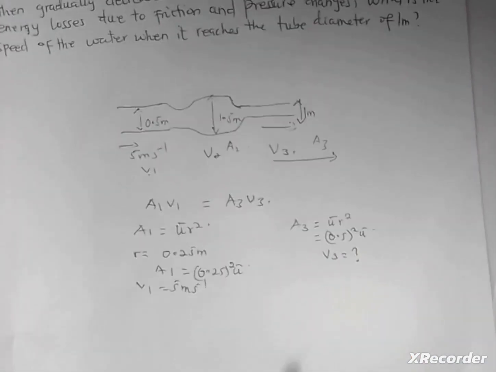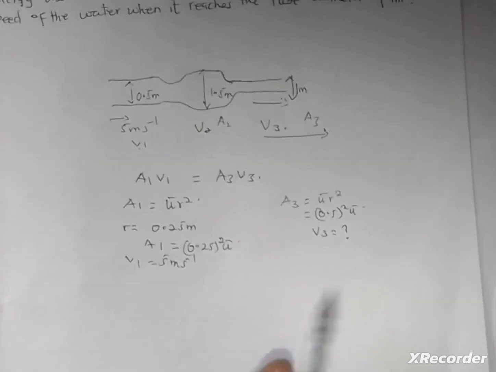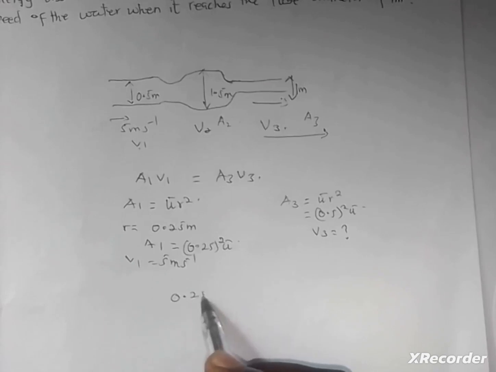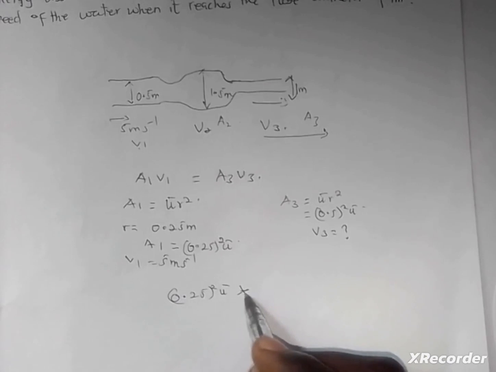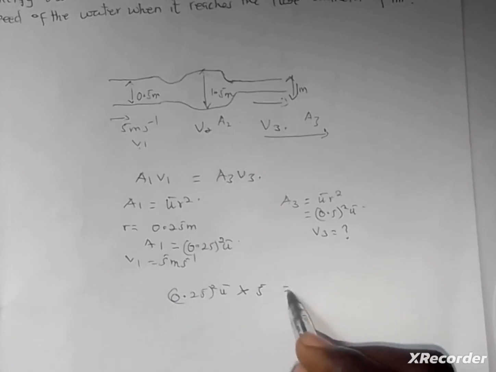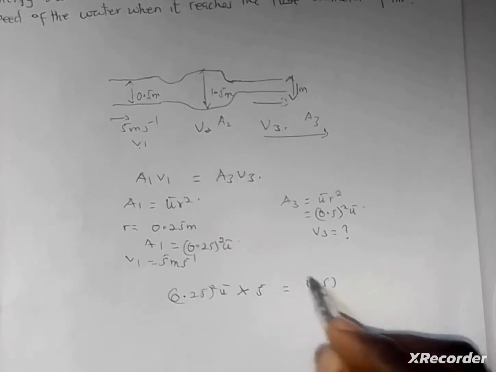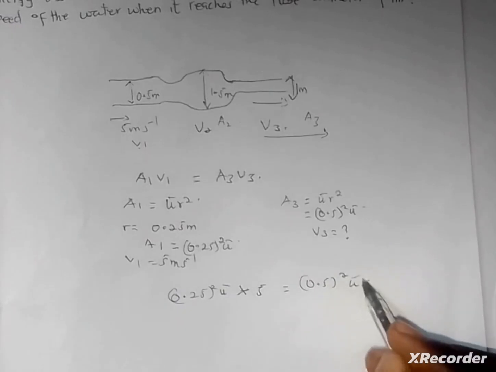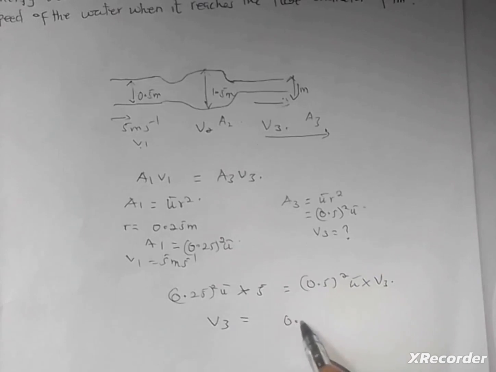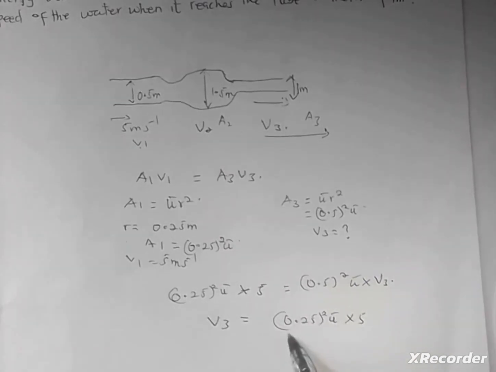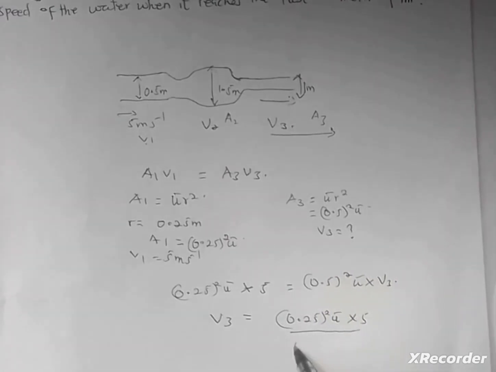So I further write my expression: A1, that is 0.25 all squared pi, multiplied by 5, should be equal to 0.5 all squared pi times V3. So my V3, making it the subject, is going to give me 0.25 all squared pi times 5, all over 0.5 all squared pi.